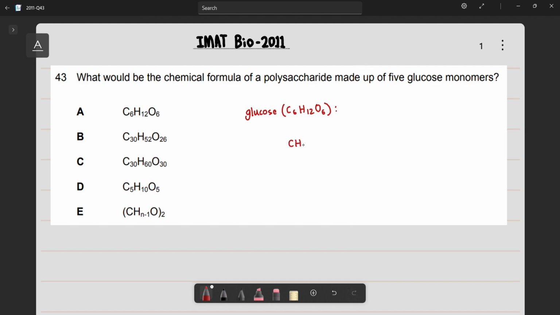So CH2OH, and then right over here, I'm going to draw a hexagon structure, like that.